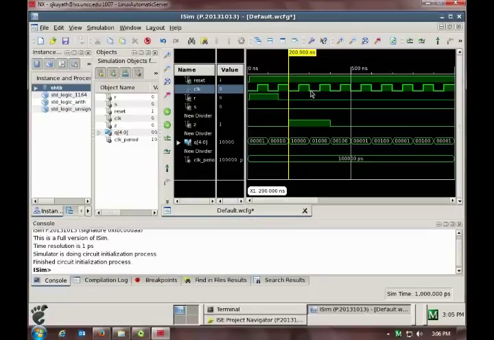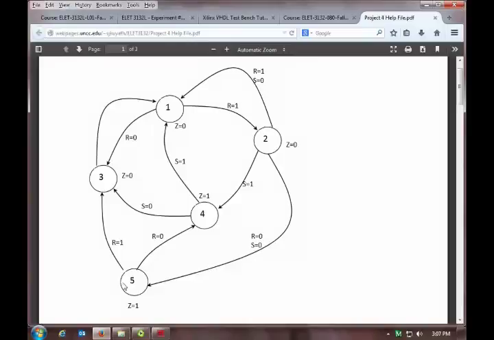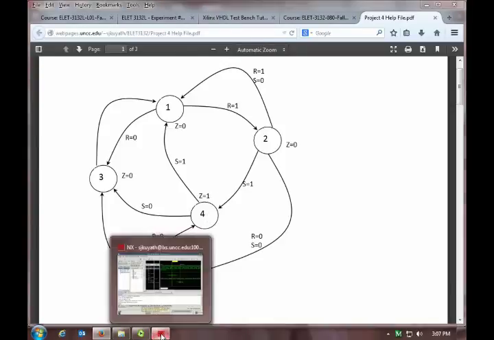Here's the next transition. R and S are both low. Z is still high, so let's see what I'm telling it to do here. Here I said R was equal to 0, so I went from state 5 to state 4. Z is equal to 1 in state 4. This is also state D, if that's what you want to call it.